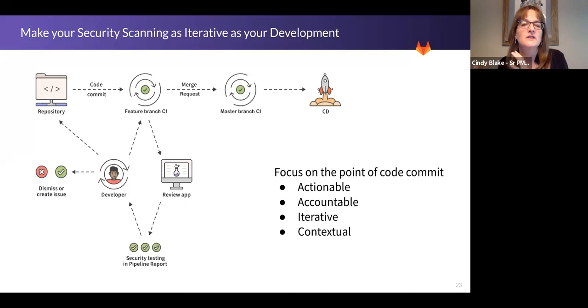But they're only looking at those things that the developer couldn't resolve themselves. So my short answer: enable your development team and use security for the exception processing.